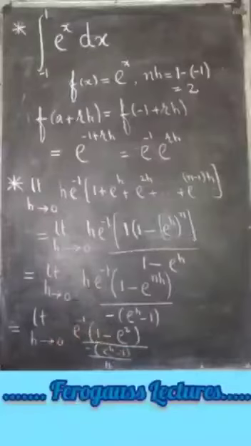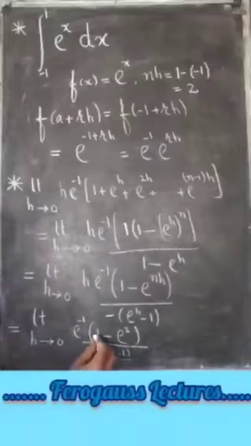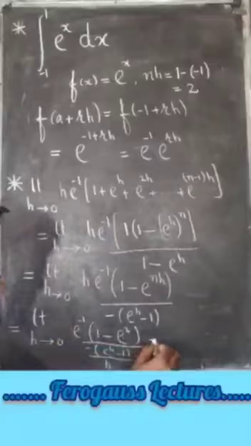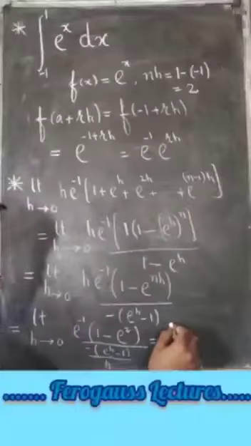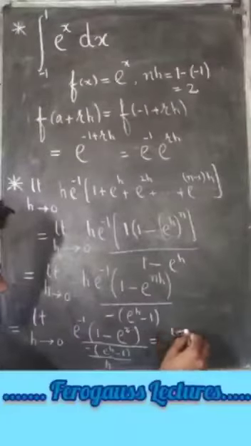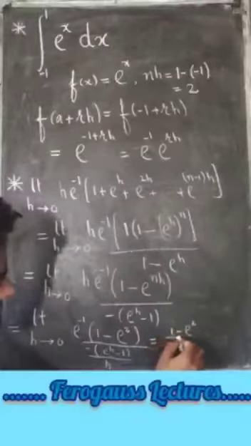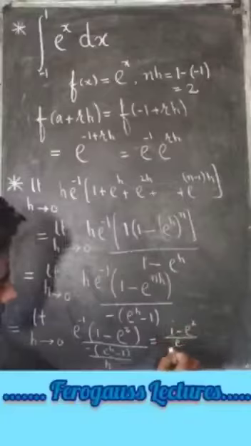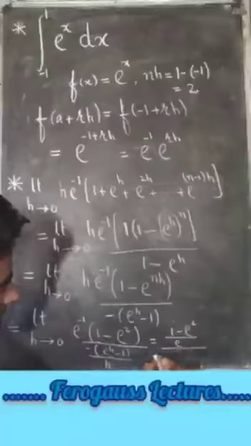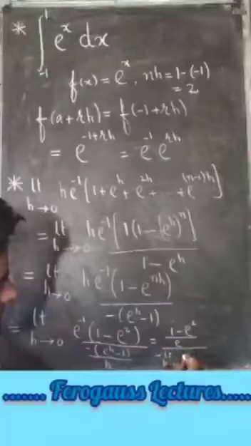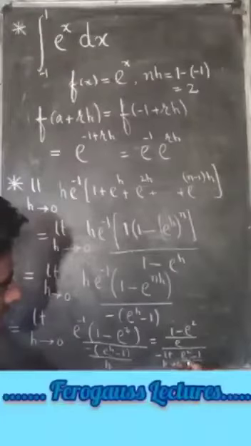Okay, now e raised to power minus 1 into 1 minus e raised to power 2 is free of h, so we can write it as 1 minus e raised to power 2 divided by e, whole divided by minus times limit h tends to 0 e raised to power h minus 1 divided by h.